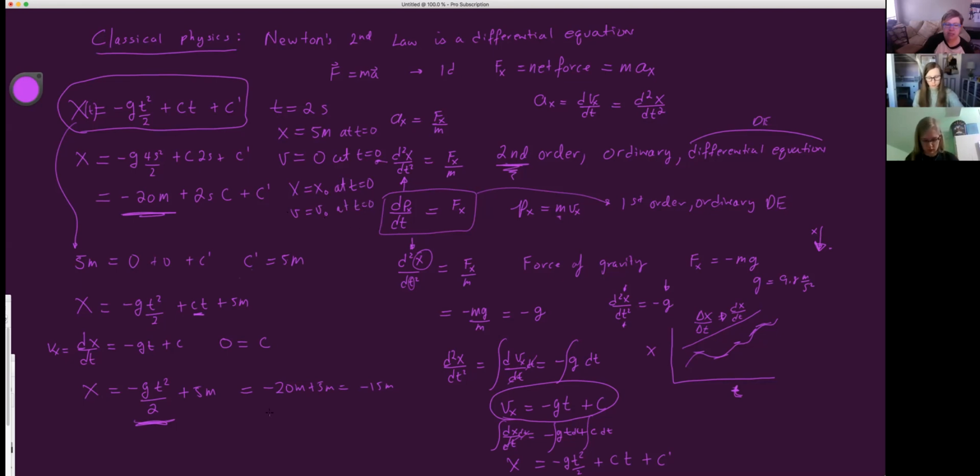And that allows us to do exactly the same procedure we did here with our other initial conditions, which were these right here, and we get x of t is equal to minus g t squared over 2 plus v0 t plus x0.